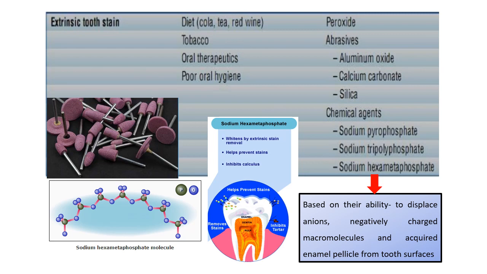Sodium hexametaphosphate whitens by extrinsic stain removal, helps prevent stains from forming, and inhibits calculus formation.